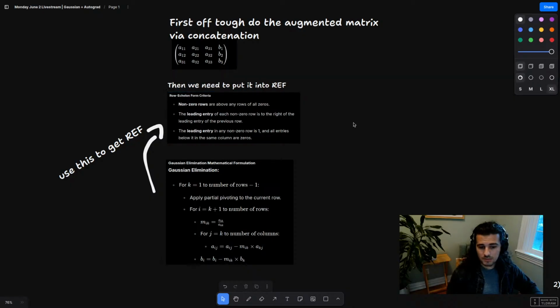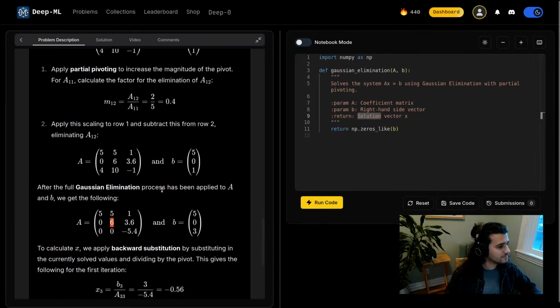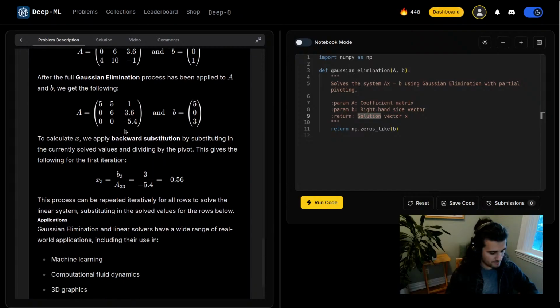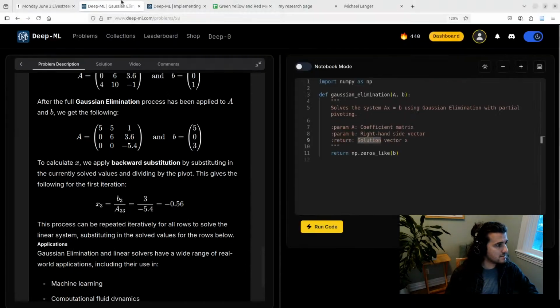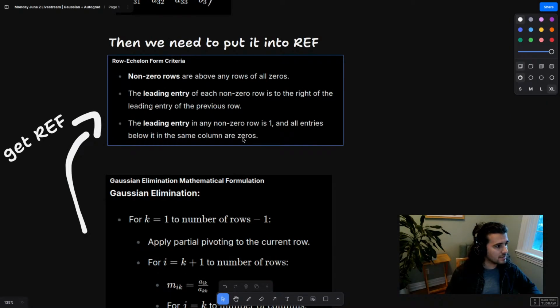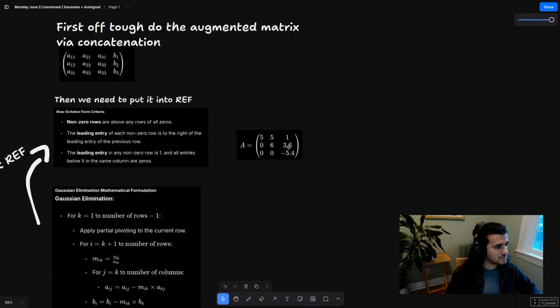REF, sorry for that, stands for row echelon form. It's this form here, right? This is row echelon form because it's an upper triangular matrix that has the following characteristics. So this is REF.